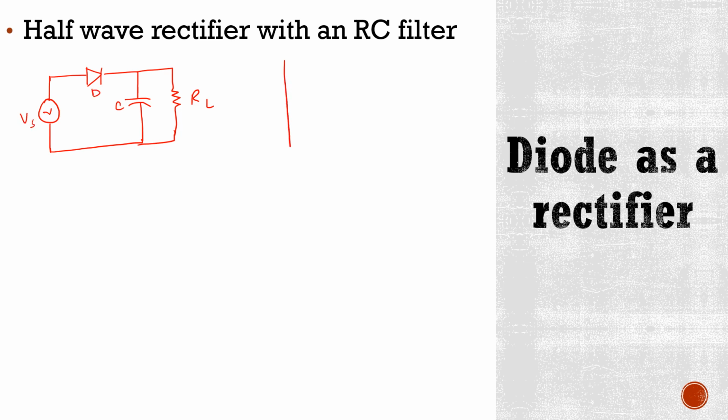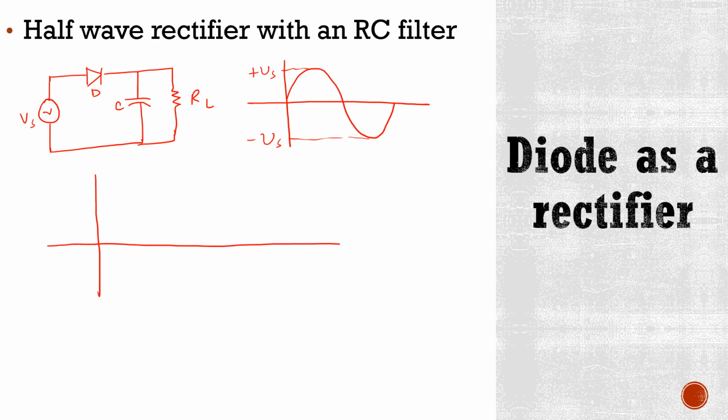If this is our input signal, where this is positive Vs and this is negative Vs, then we know that the output waveform of a half wave rectifier is like this.